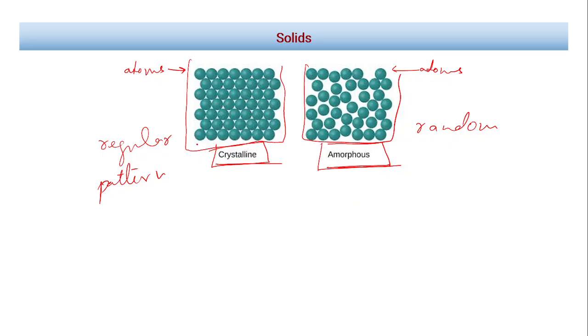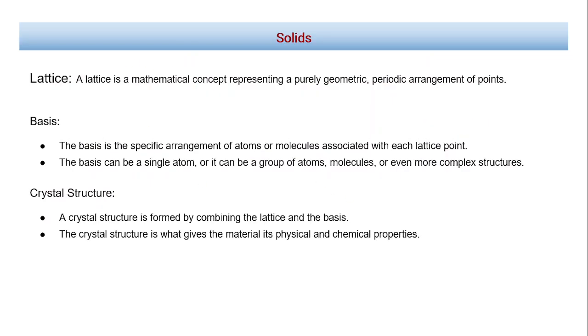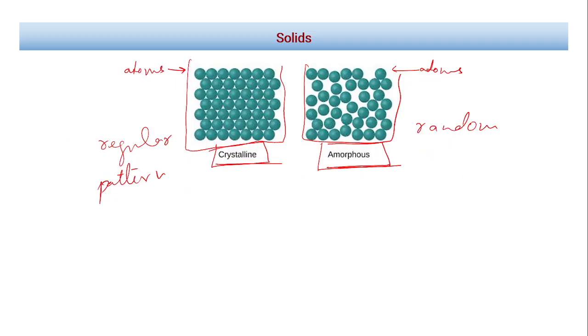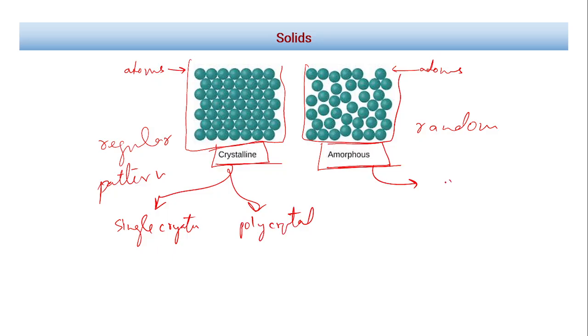Now, even in crystalline, we have a variety, like single crystal and polycrystal. An amorphous example is glass.